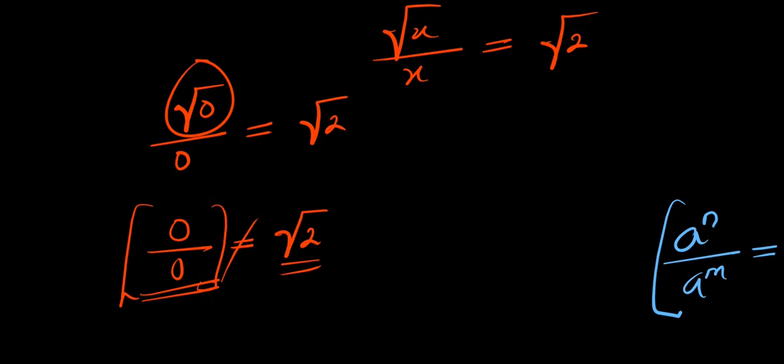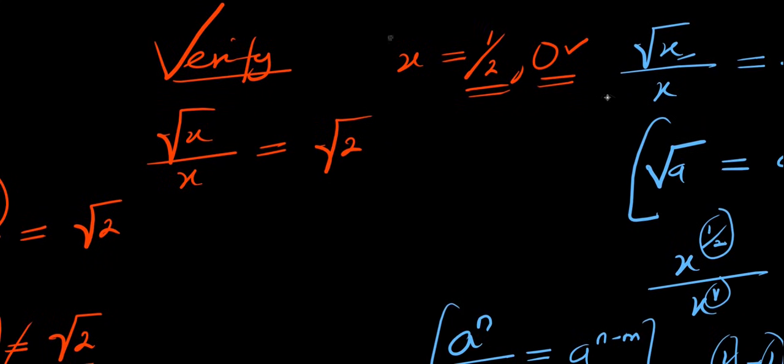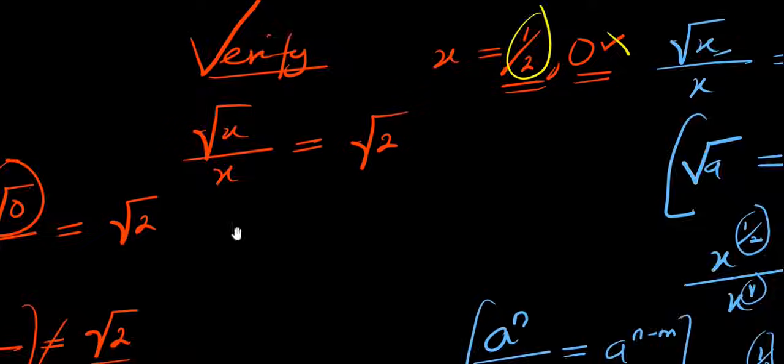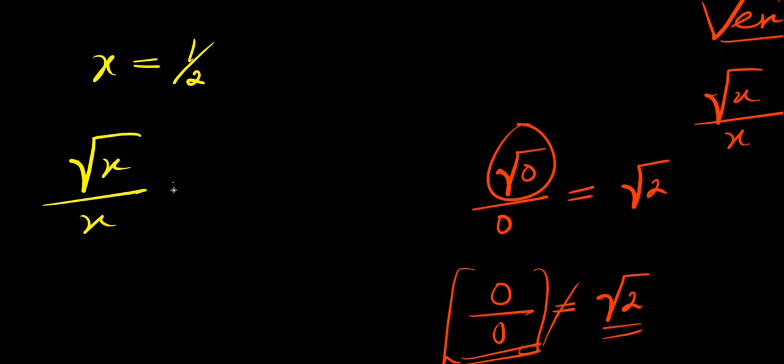So this makes this particular solution wrong. So this is a wrong solution. We can consider this 1 over 2 for x. If x equals 1 over 2, this is our solution for x.